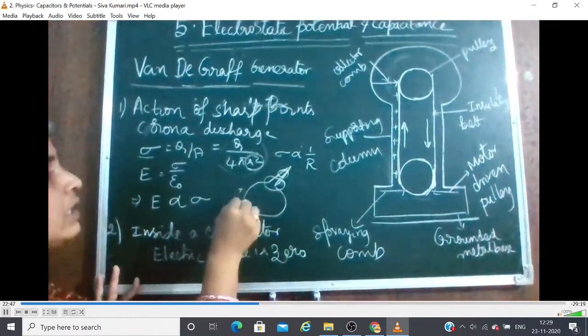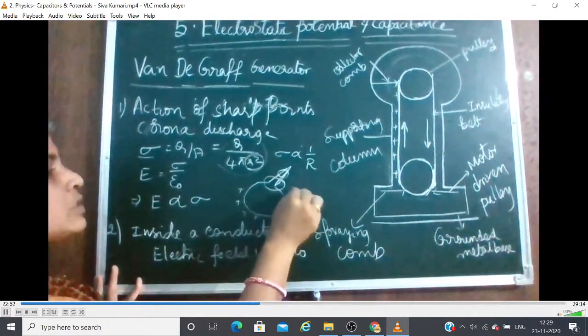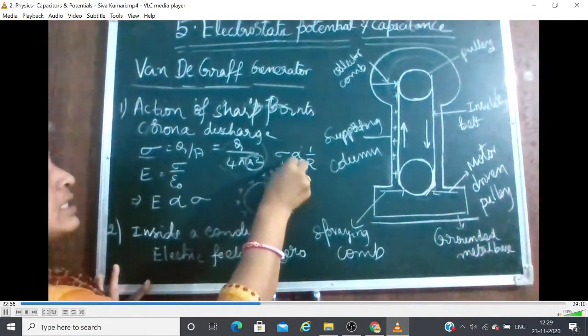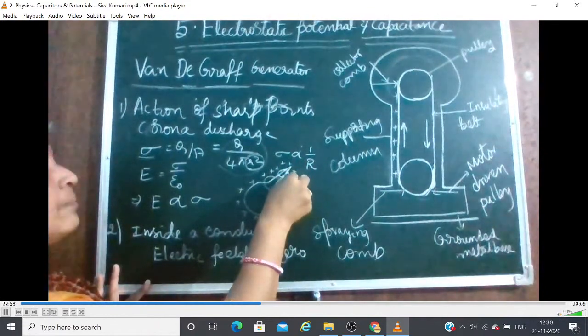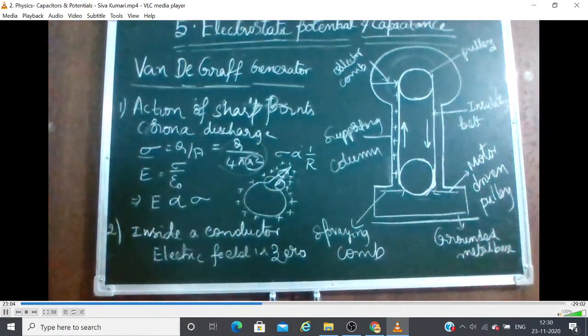Here the positive charges are like this. At sharp points, as the radius decreases, more charges will reside.